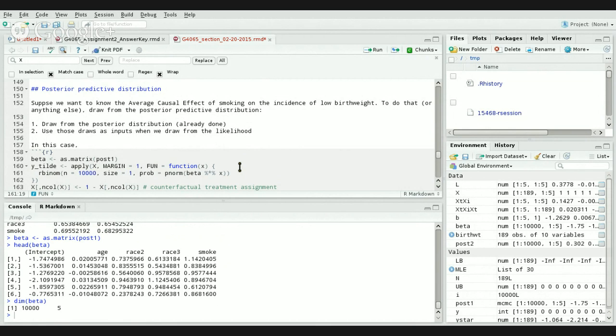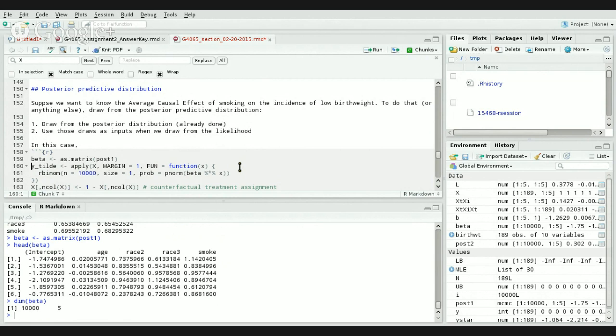Sorry. From a Bernoulli distribution whose probabilities are the inverse CDF transformation evaluated at this whole x times beta linear predictor.